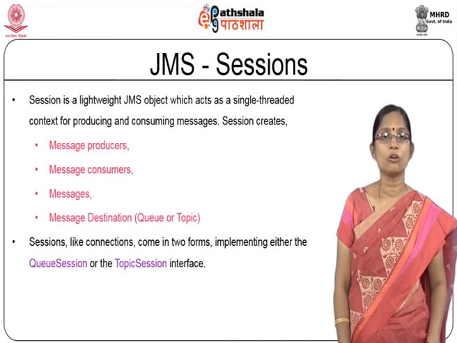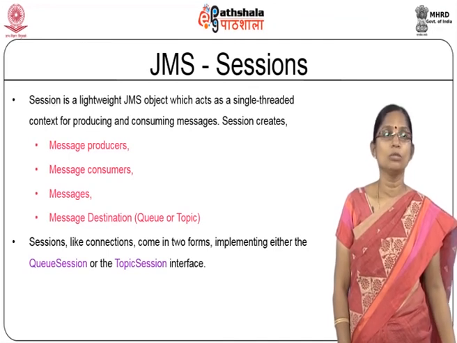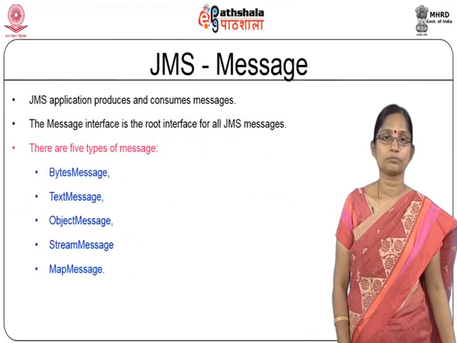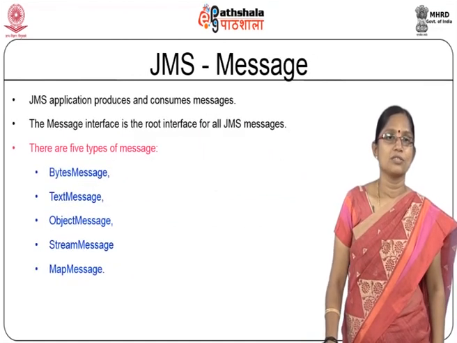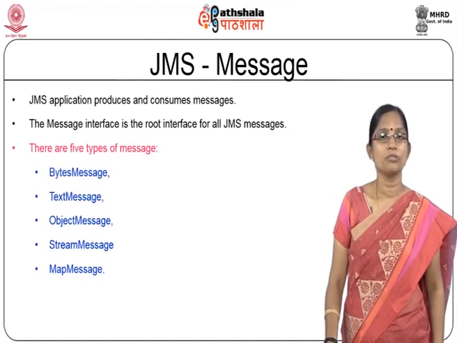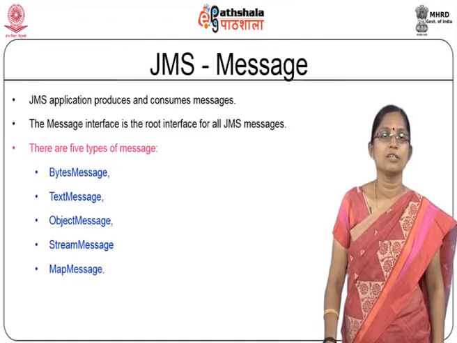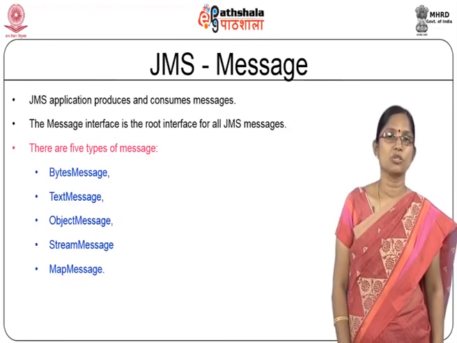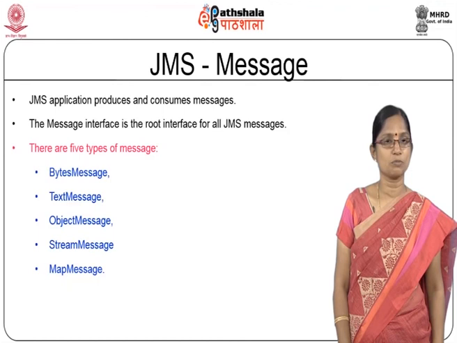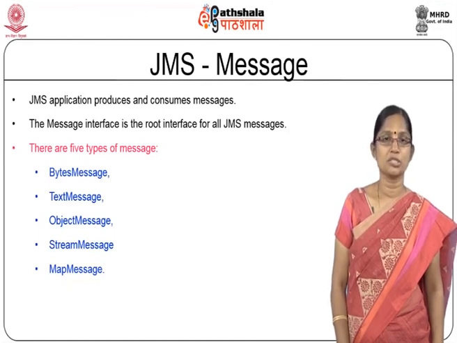Instead of looking at producers and consumers, now let us look at how the messages would be. Now these are the components of messages. A JMS application produces and consumes messages. In the message interface, there are 5 different types of message followed in JMS: bytes message, text message, object message, stream message, and map message.